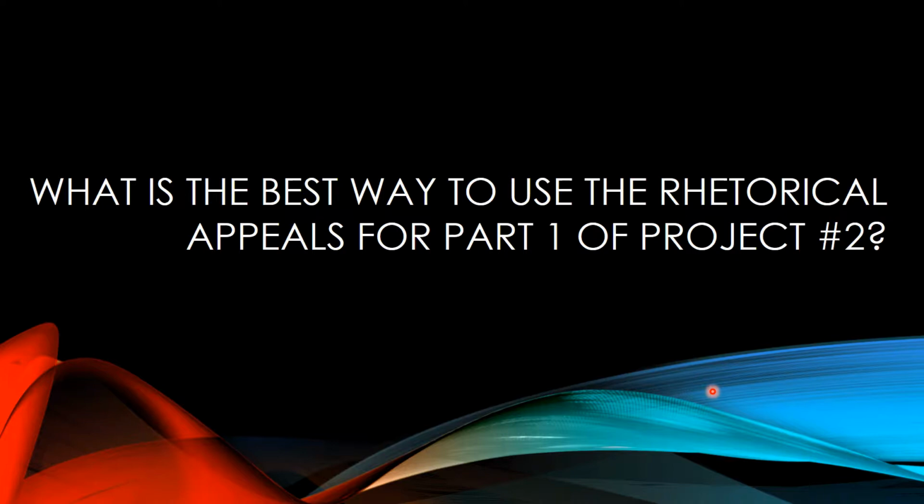So in the first one, you're analyzing someone else's work. In part 2, you're creating your own work. We're going to talk about part 1, the best way to analyze somebody else's work.